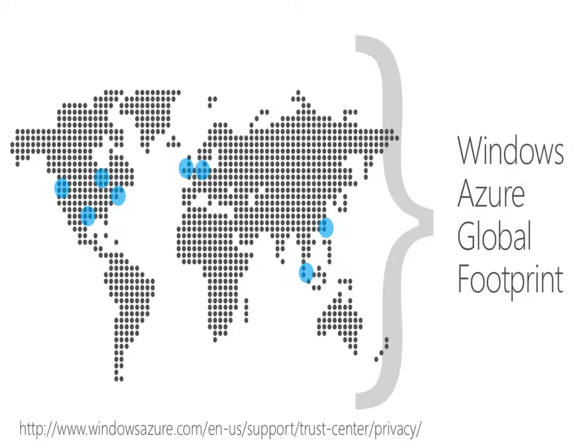In addition to our current Windows Azure data centers in these 8 data center regions, we also have plans over the next year for bringing online 2 additional data centers in Australia, 2 additional data centers in mainland China, and 2 additional data centers in Japan as well.